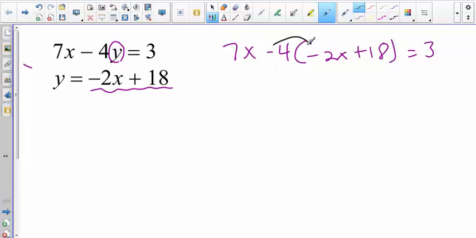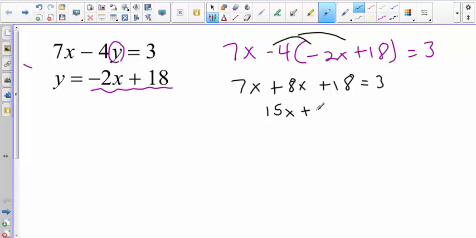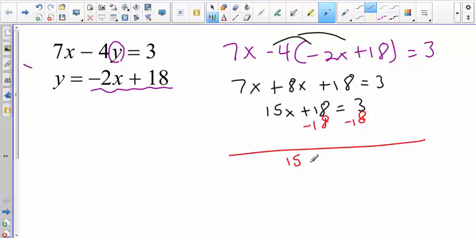Now, we'll distribute across, so 7x plus 8x plus 18 equals 3. Collect like terms, that's 15x plus 18 equals 3. Subtract 18, so you get 15x equals negative 15.